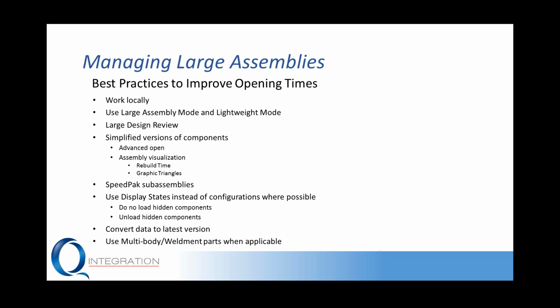And if we're utilizing display states, we can also take advantage of a couple options: the ability to not load hidden components when we load the assembly, and also to unload any hidden components, because when we just hide a component in an assembly, it actually keeps all the information about that component loaded, and we can choose to unload that if we would like. We should also be converting our data, our file set, our model, to the latest version of SolidWorks.